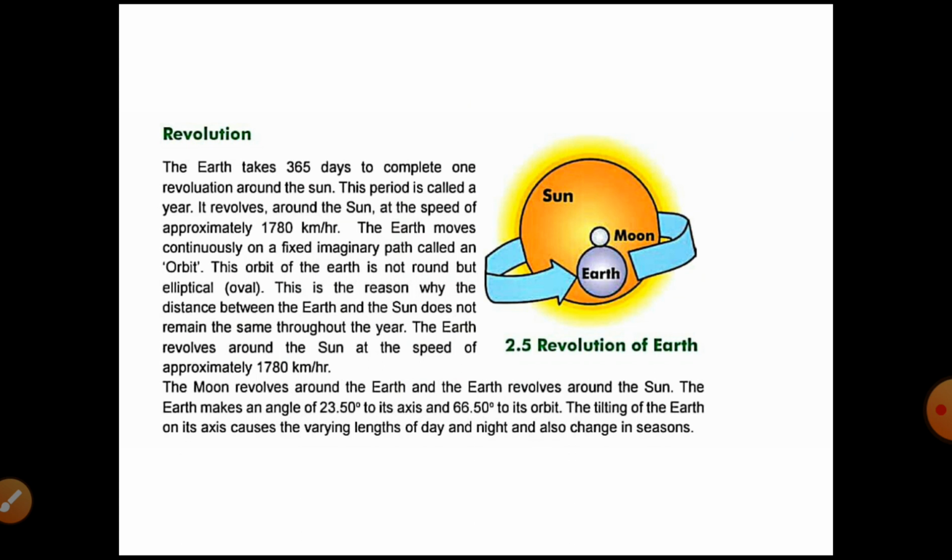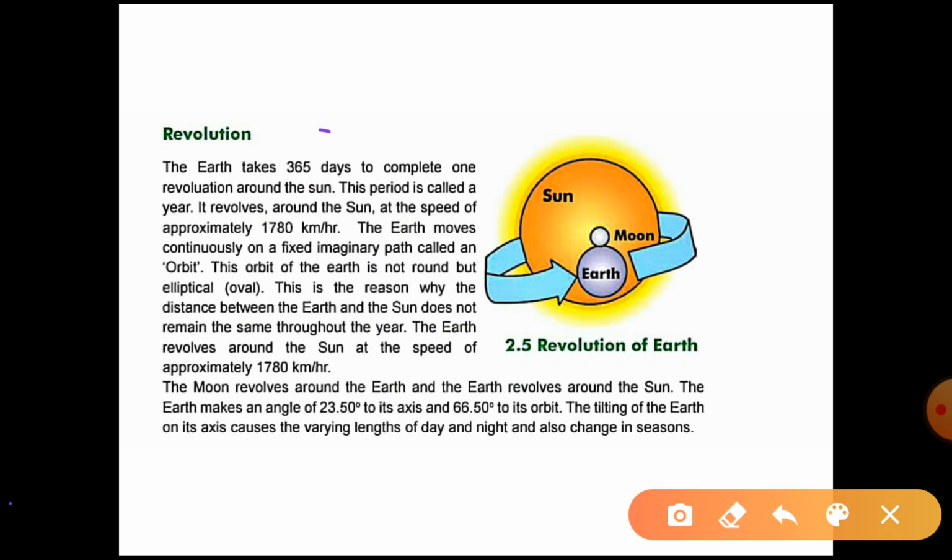Now the next one is the revolution. Remember, the earth takes 365 days to complete one revolution around the sun. For example, in this picture, this is the sun and the earth is here.